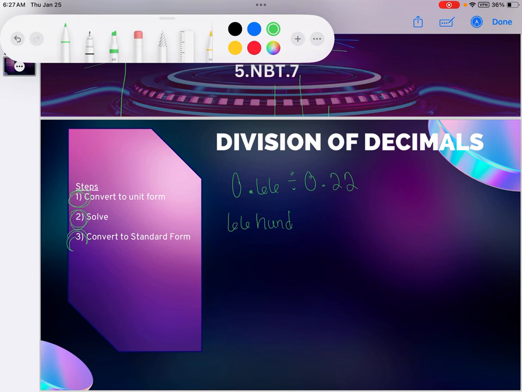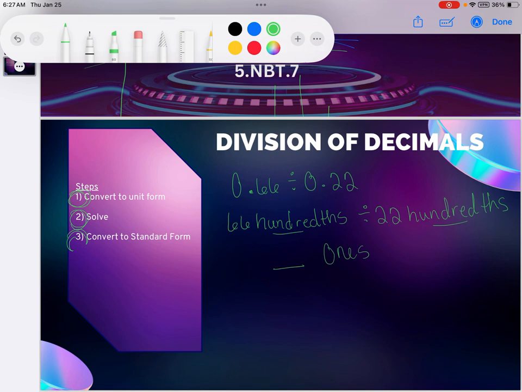Convert it into unit form. Now, we know hundredths divided by hundredths. Think of it as 100 divided by 100. Well, that's going to be ones. So now I'm left with dividing 66 by 22.